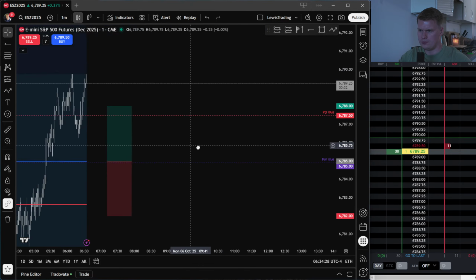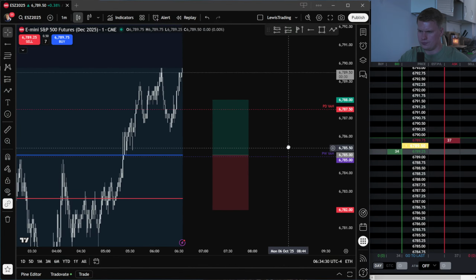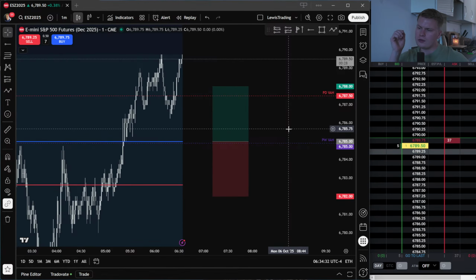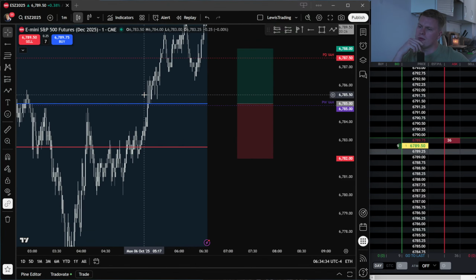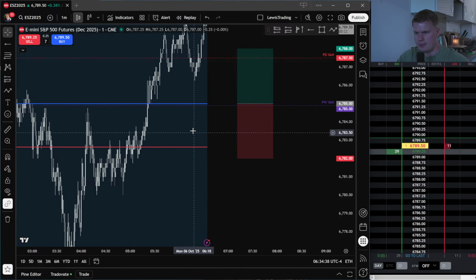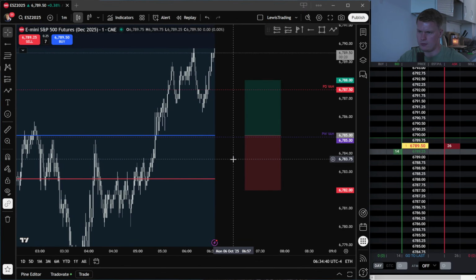Yeah, we got room. Oh, it's a shame we've missed that this morning. That'd have been lovely. Bringing value area high up to the previous week's value area high for a nice push up. That'd have been beautiful.